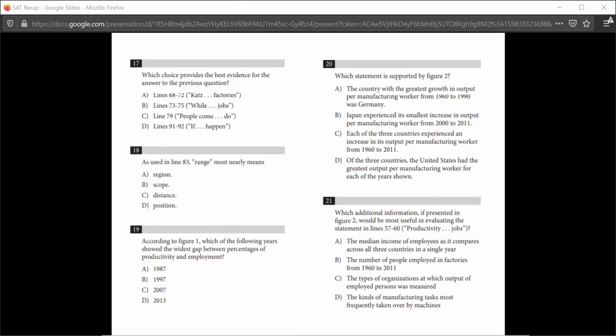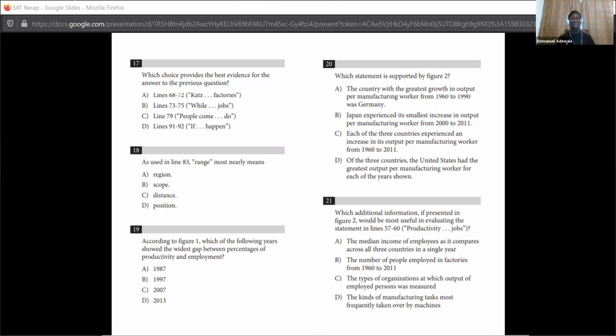Because in figure 2, we can see that the output of employment is increasing over the time. Yeah, definitely. Thank you for sharing, Mauricio. Again, the explanation goes right along with that. Figure 2 clearly shows that all of the three countries, between that time period, increased their worker output.